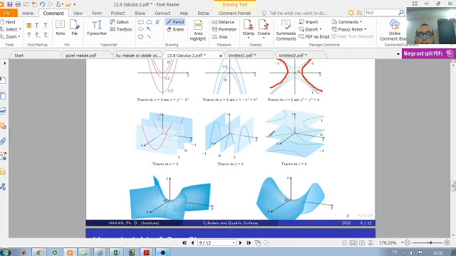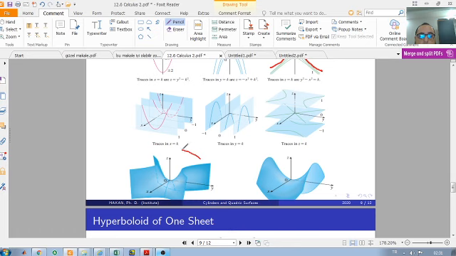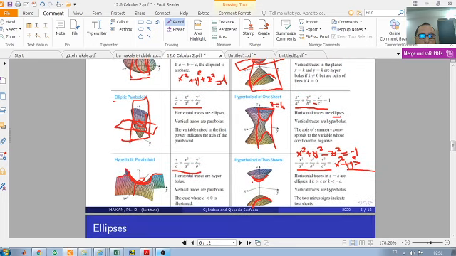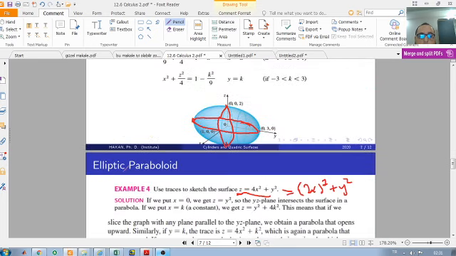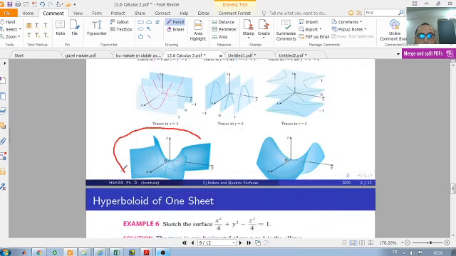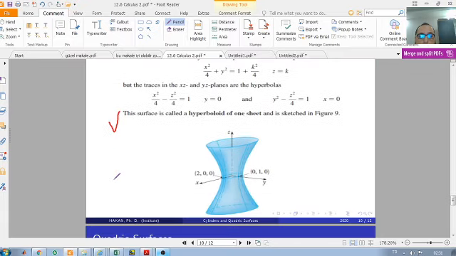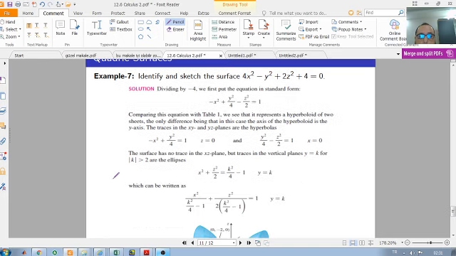By combining them, we obtain the graph of the hyperbolic paraboloid. Okay. And similarly, you can see this example easily. And this is another example.